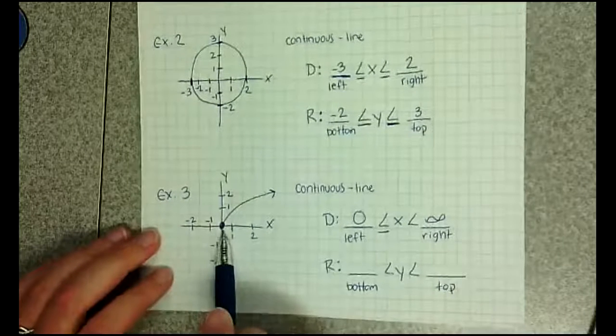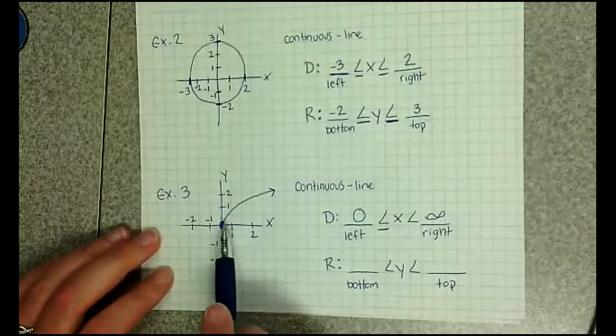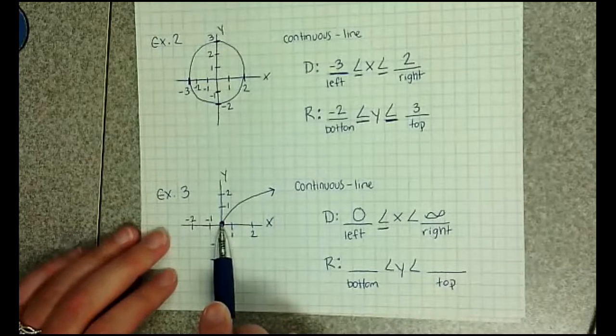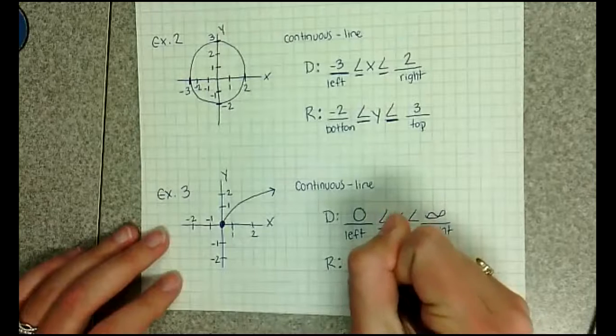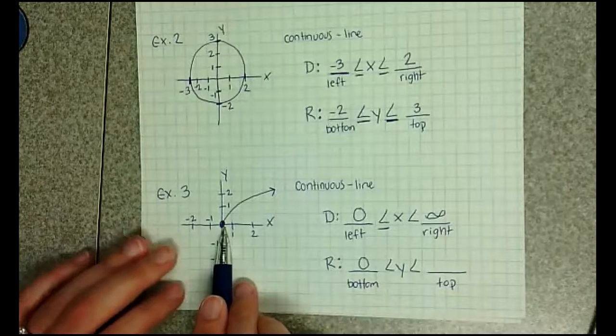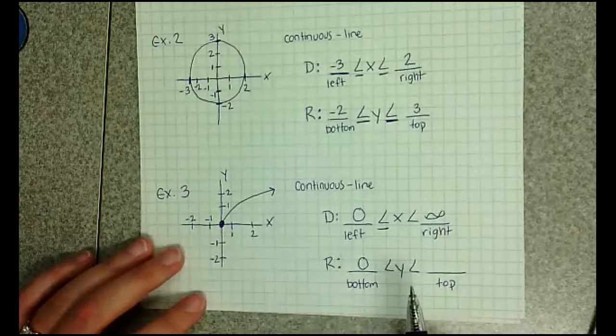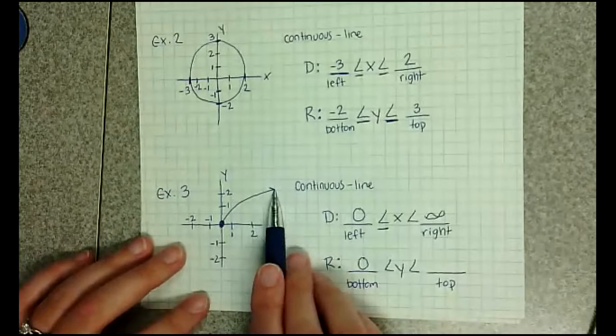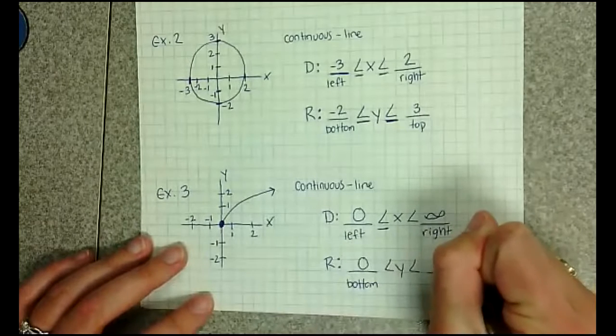It's actually where the dot is at. So it's not negative because it starts here. What Y value is that? 0. Yep. So not only is this the left part of my graph, but it's also the bottom part of my graph. And the top part of my graph is also up here where the right part of the graph was. So this is also going to go to infinity.